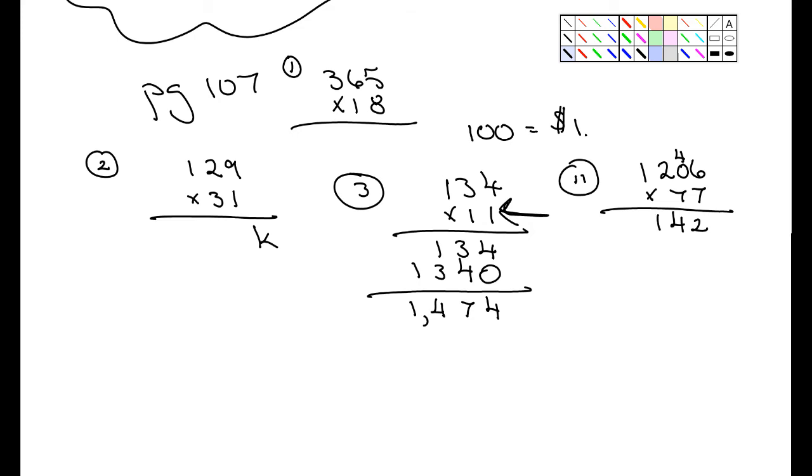Put down the 4, carry the 1. 7 times 1 is 7. Plus 1 is 8. And so put down the placeholder and then just repeat the number. And then add them together. $92,862.